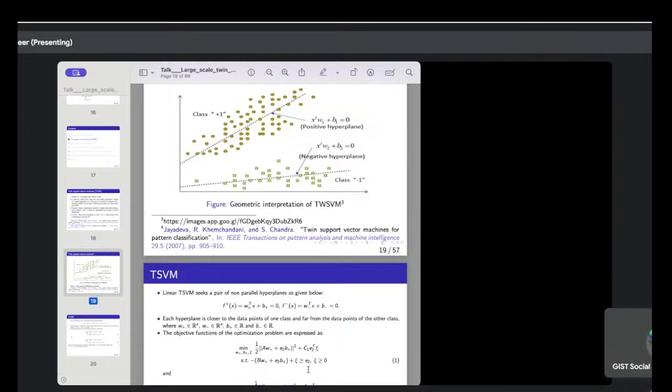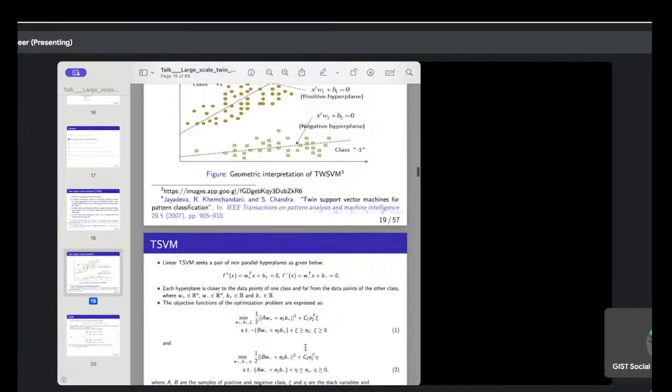And the constraints require the hyperplane to be at a distance at least 1 from the points of the other class, for example, class minus 1. And a set of error variables is used to measure the error wherever the hyperplane is closer than this minimum distance of 1. So the second term of the objective function minimizes the sum of error variables, and thus it attempts to minimize misclassification due to points belonging to the other class.